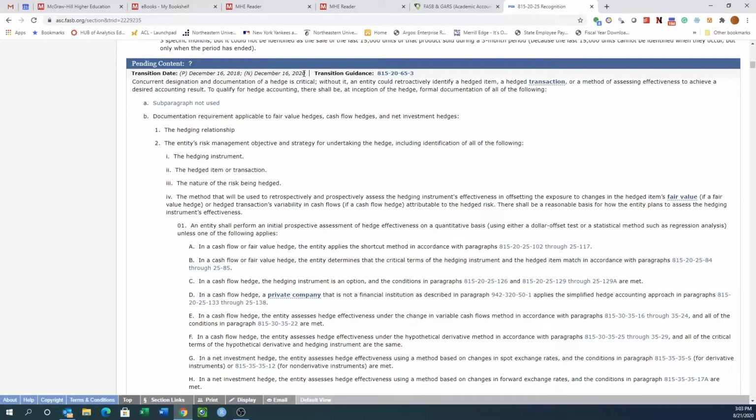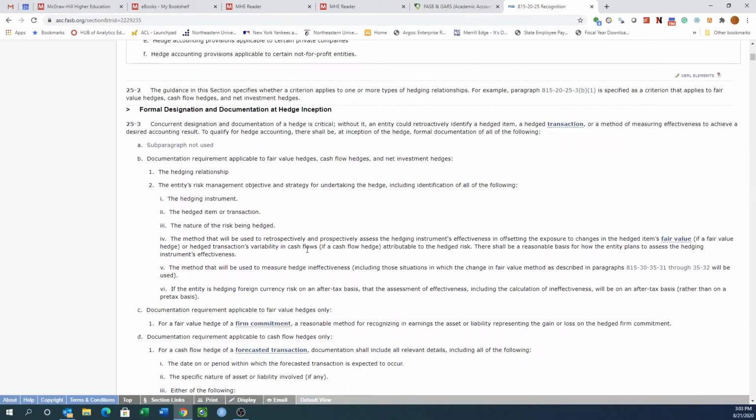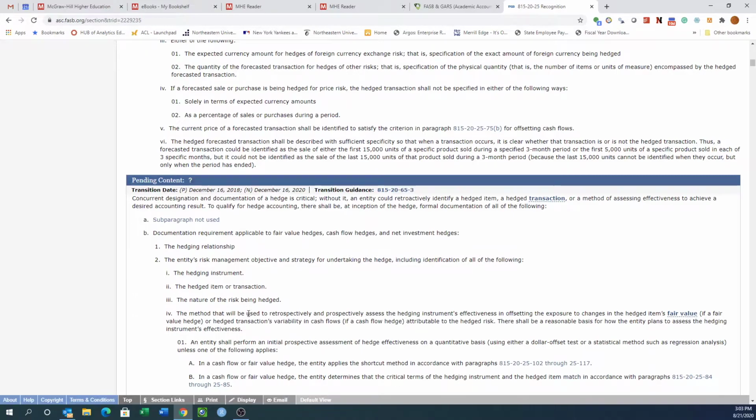For non-public companies, it's for fiscal years beginning after December 16th, 2020. So by the time you graduate, all companies will be following this literature. They will be following the pending content, not the current content. So you always want to be focused on what is going to be the content that you're going to be faced with when you are in professional practice.